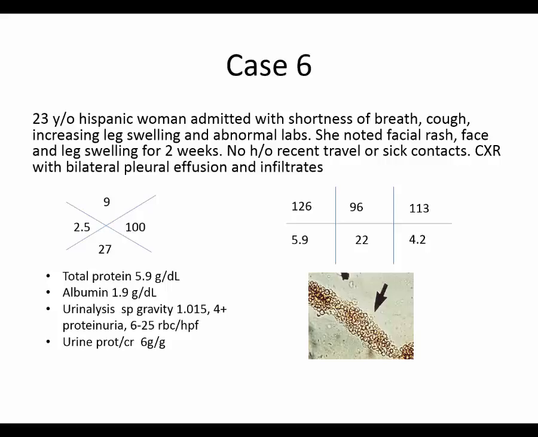So, a 23-year-old Hispanic woman admitted with shortness of breath, cough, increased leg swelling, abnormal labs. Noted to have facial rash, face and leg swelling for 2 weeks, no history of travel or sick contacts, chest x-ray with bilateral effusions and infiltrates.